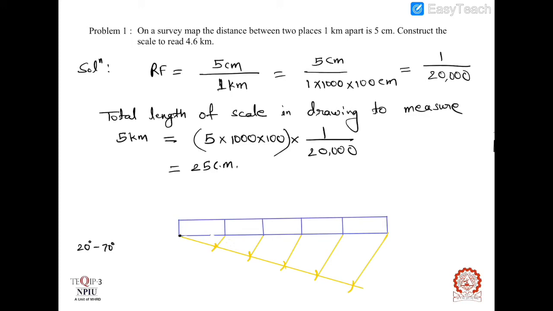Now again follow the same procedure to divide this first part into equal number of parts. Draw an inclined line with any angle between 20 to 70 degree.